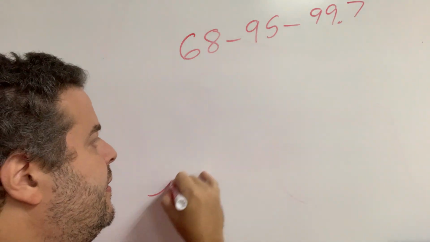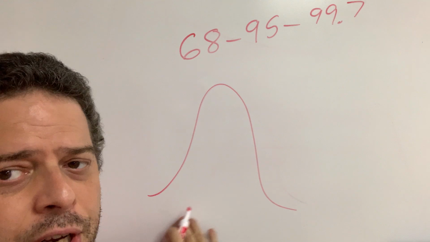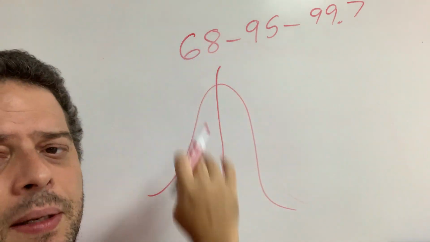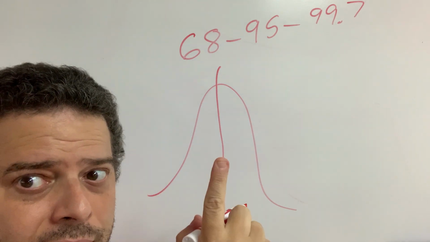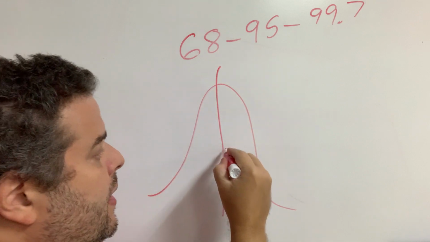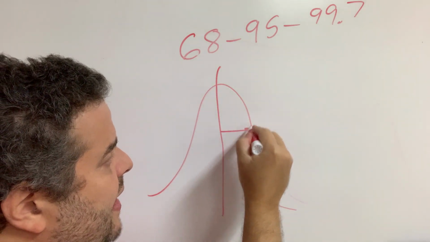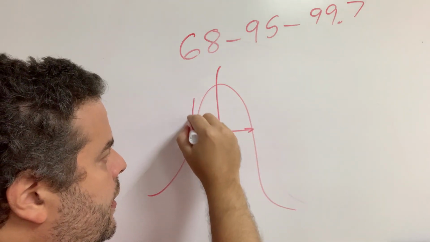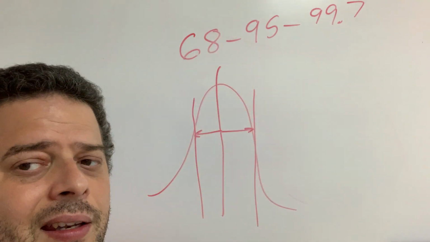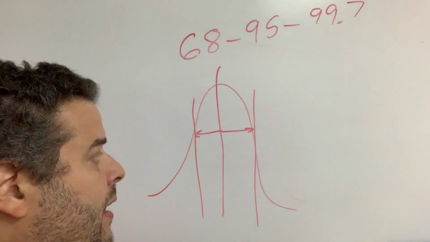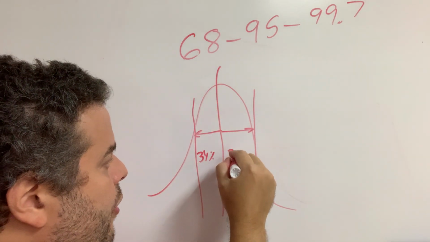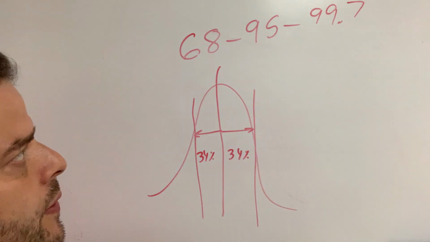If you have a normal distribution, 68% or 0.68 of all measurements should be within 1 standard deviation of the mean. So 1 standard deviation of the mean should contain 68% of all values. That means this interval is 34%, and this one's 34%.